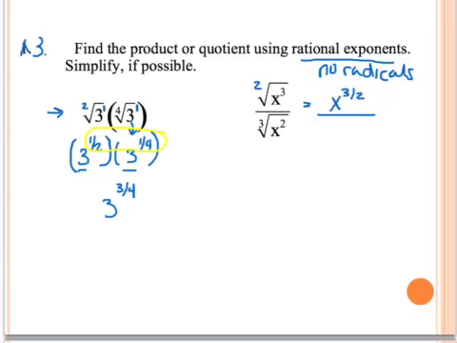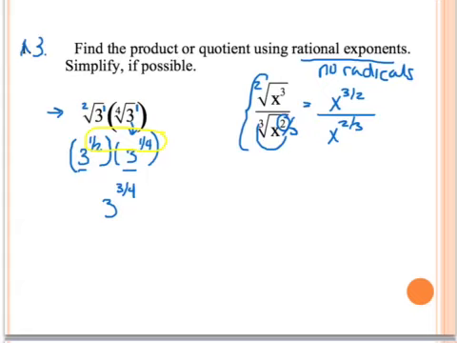And that's going to be over the cube root of x squared. I want to actually rewrite that as x to the 2/3 power. Alright, now going back to the original form, we could not simplify because, again, they did not have the same index. But if I rewrite them in rational form, I can now simplify them.